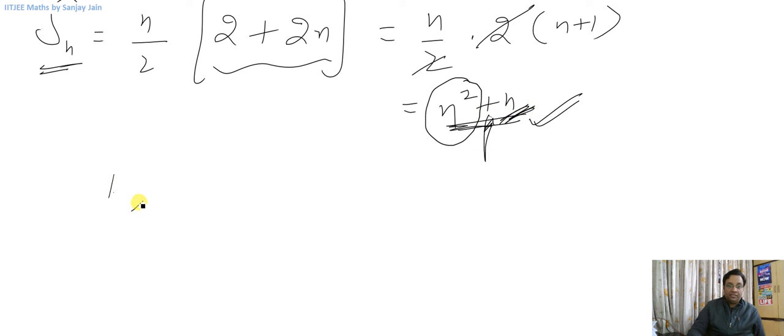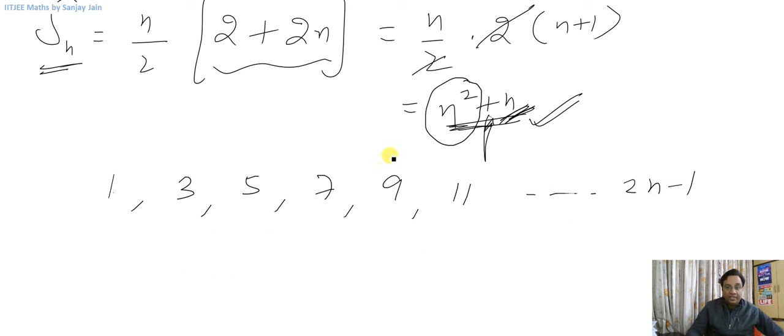And you can notice that if I write the odd natural numbers 1, 3, 5, 7, 9, 11 and so on up to the nth one, which is 2n minus 1, right? The sum of first n odd natural numbers was n squared, right?